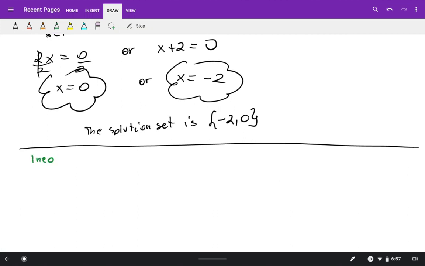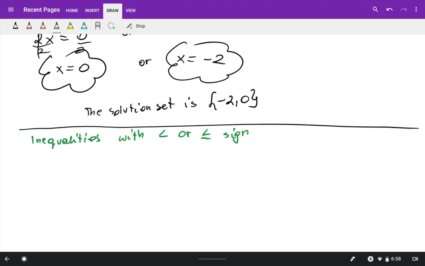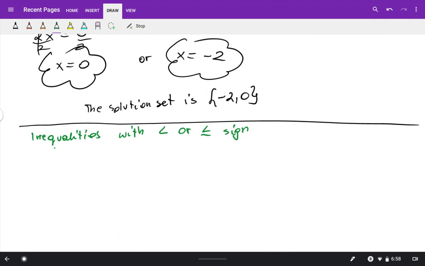So the next part is absolute value inequalities with less than or less than or equal sign. So that's what we're going to do.